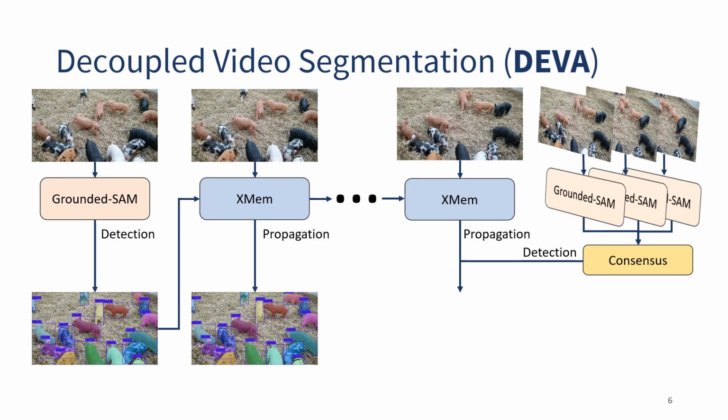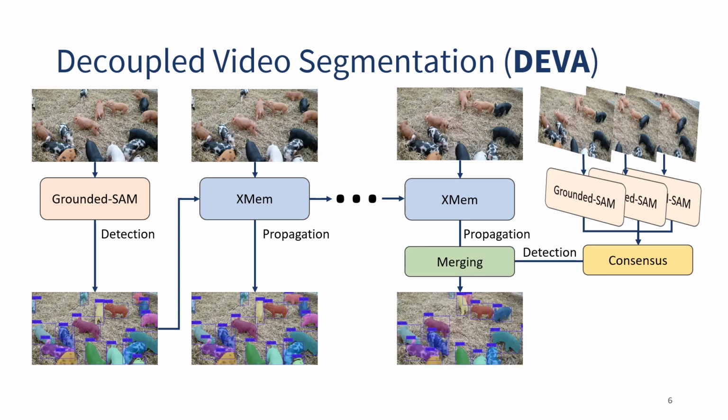Therefore, we will have to reapply the detection model to detect these new objects. In order to obtain less noisy detections, we perform consensus across a few different detections from different frames. The denoised consensus is then merged with the propagation result.